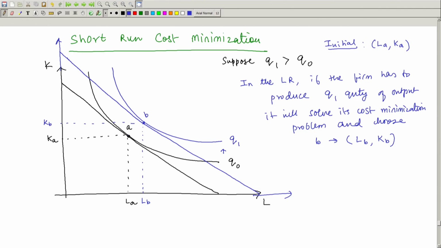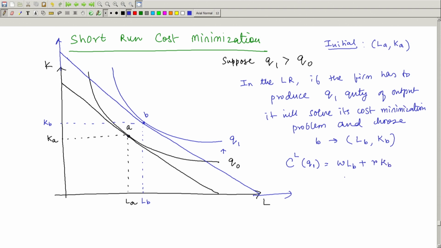We can also notice what the long run cost is going to be. The cost in the long run, so I will put an L to indicate that I am talking about cost in the long run, to produce Q1 units of output, is going to be W times LB plus R times KB.